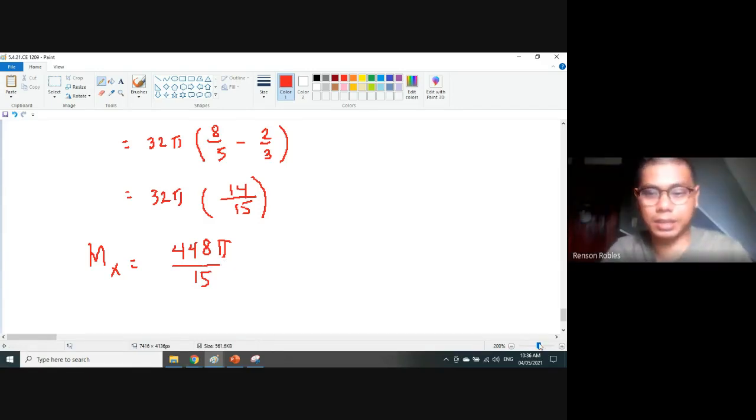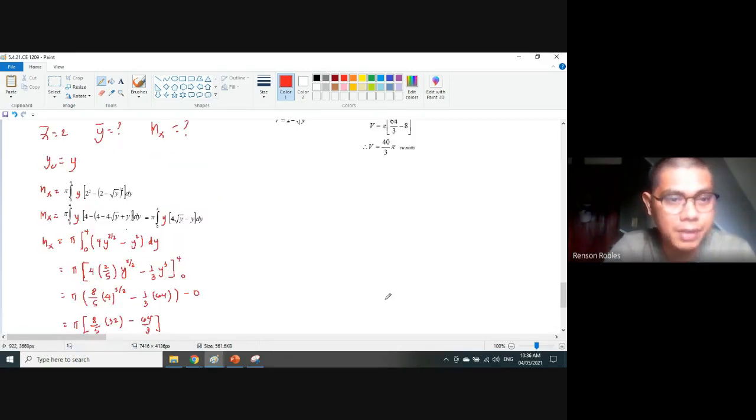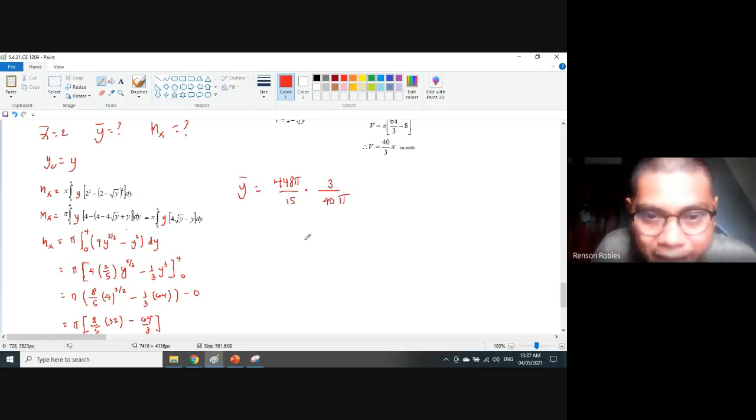And then make it a little smaller so that we can have our bar y. Bar y equals 448 pi divided by 15, times the reciprocal of the volume, 3 over 40 pi. Then you can drop pi off.